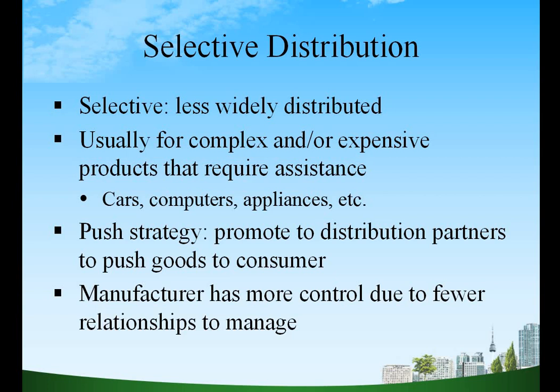For example, cars, computers, appliances, etc., which we term the consumer durable segment. For a consumer durable segment, the ideal strategy used is the push strategy, where it promotes to distribution partners to push goods to the consumers. The manufacturer has more control due to fewer relationships to be managed.